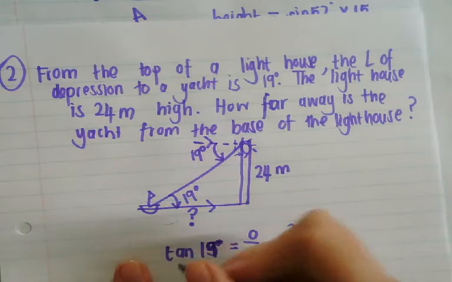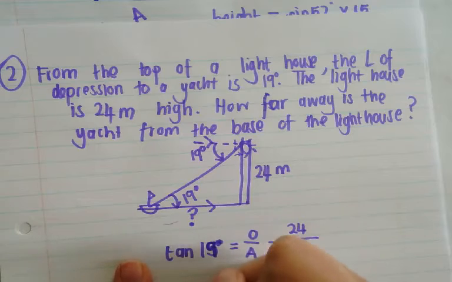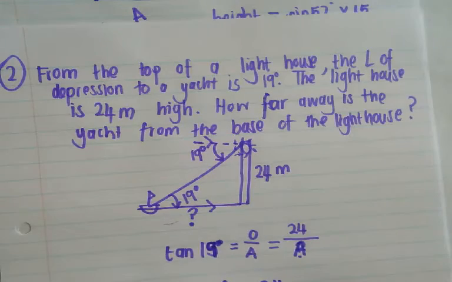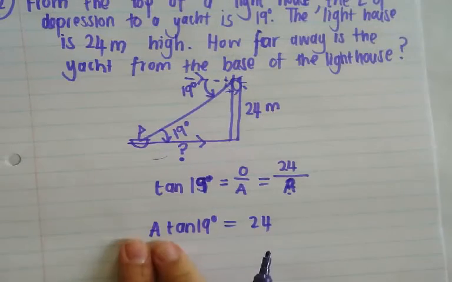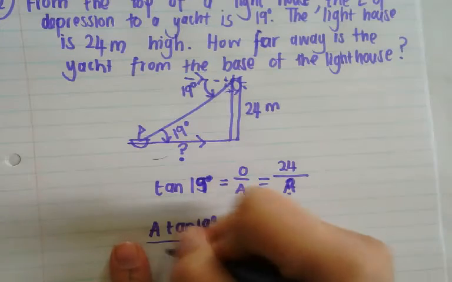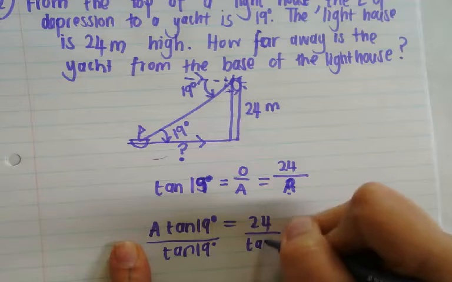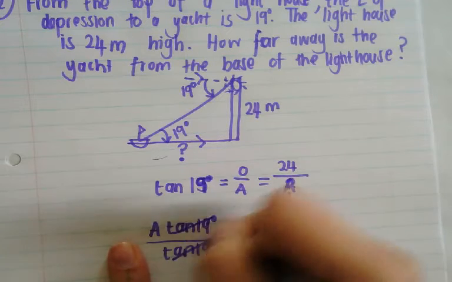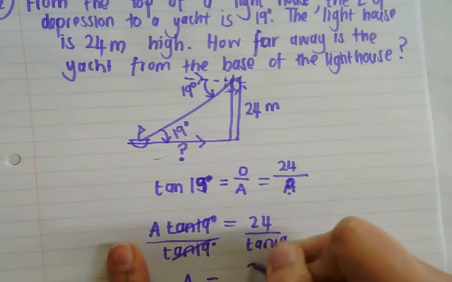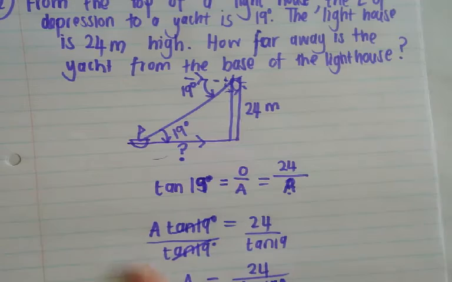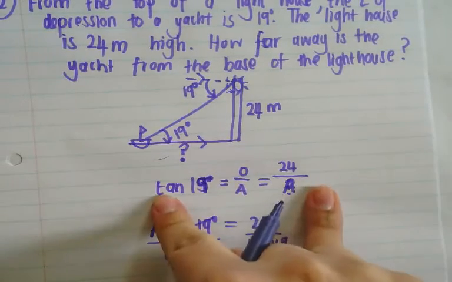But then I have A, my adjacent, times 19 degrees equals 24, but I want A by itself. So now I'm going to divide. That just cancels, so I'm left with A is equal to 24 divided by tan 19 degrees. Essentially, Erin, we swap the A and the tan around.